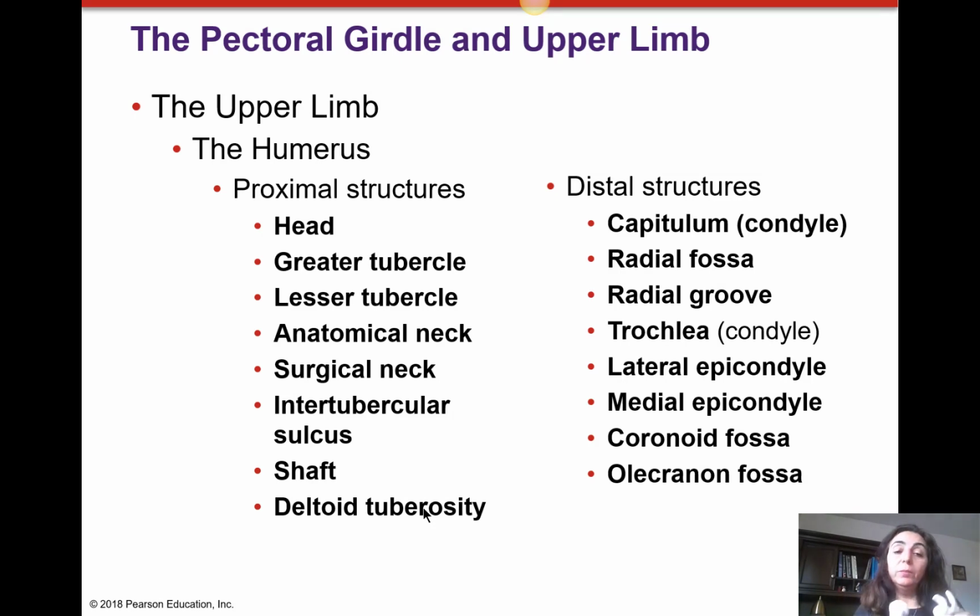A joint between the scapula and the humerus should be toward the outside of the body, not in the middle, right? In the same way, this side of the humerus that is taking part in the joint with the scapula cannot be toward the outside, right?